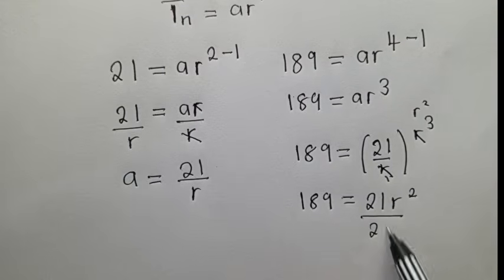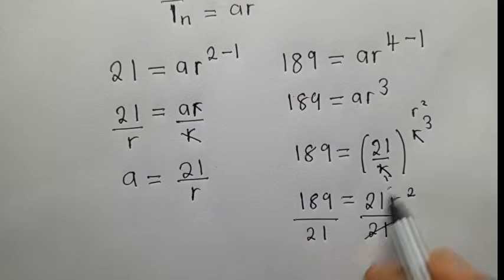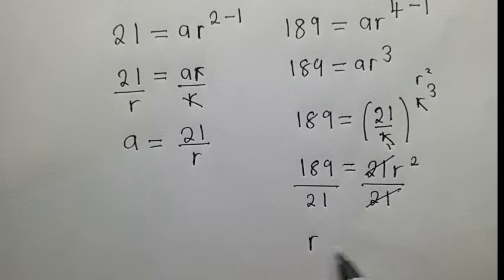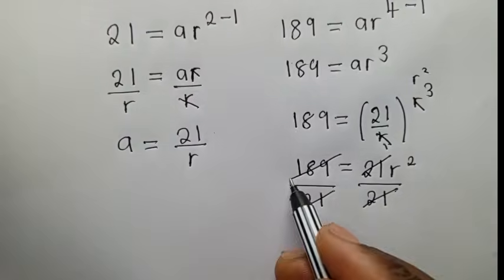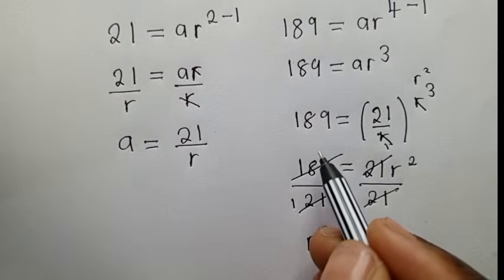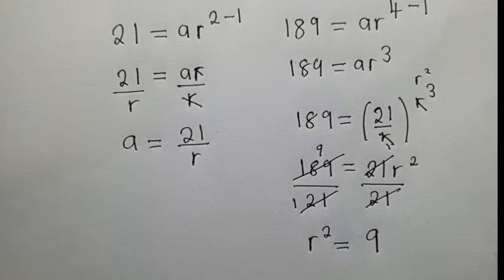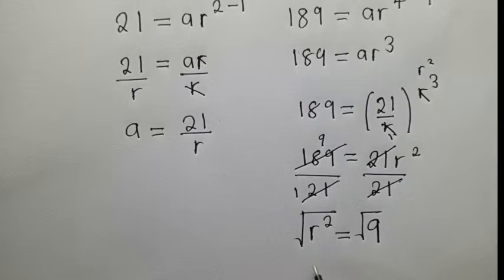I shall divide by 21 on both sides. Remember, we are solving for R, so the 21 and the 21 will go. I remain with R squared equals 189 over 21, which is 9.